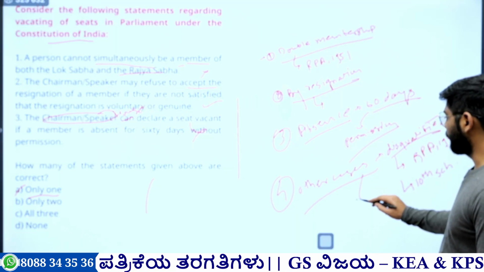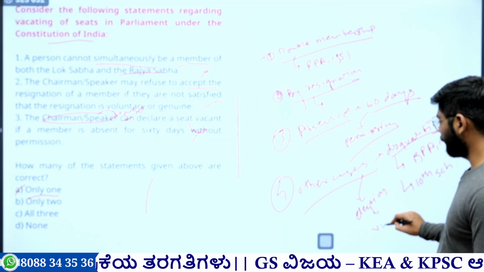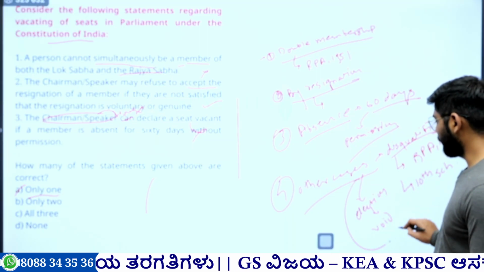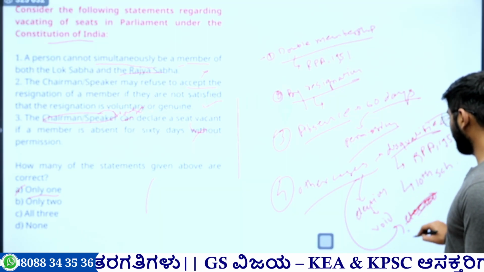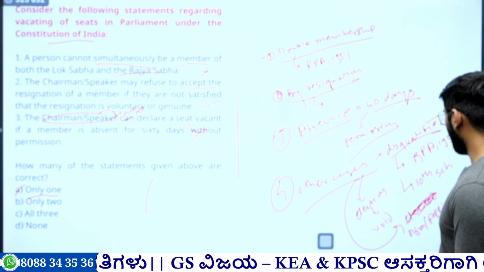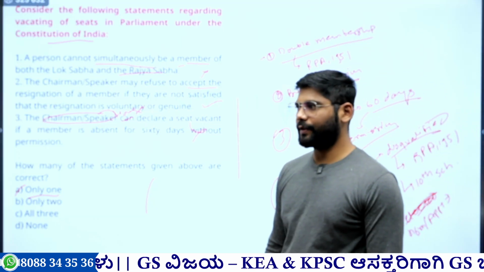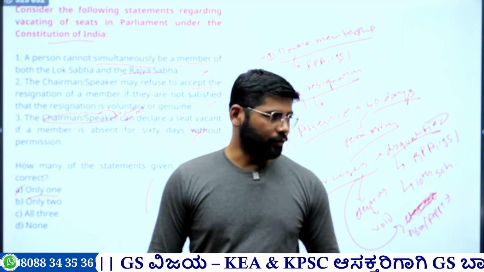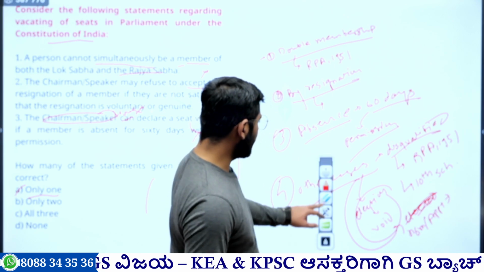Other cases: his election will be declared void, or he might be nominated or appointed as governor, or elected as president of India or vice president of India, at that time they need to vacate. This particular aspect we'll see with the next question, when the election becomes void.